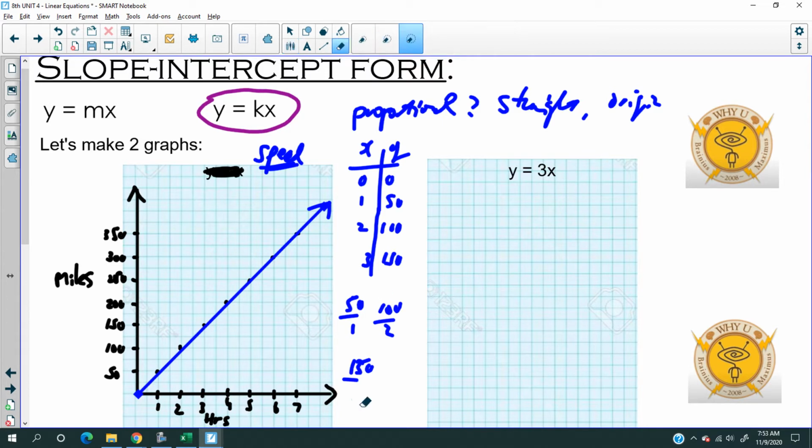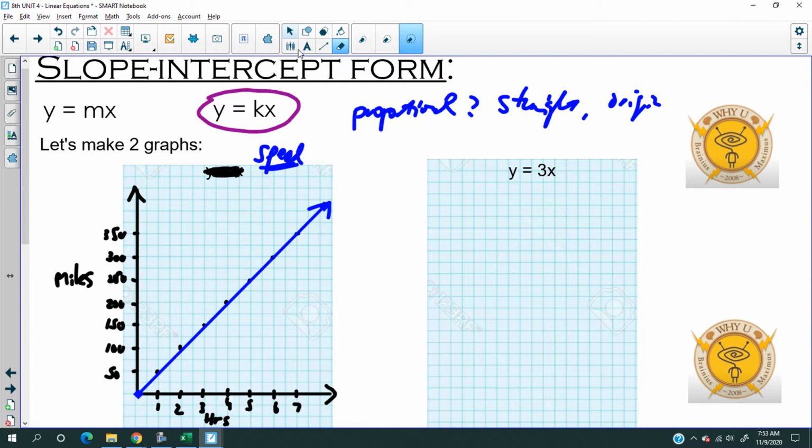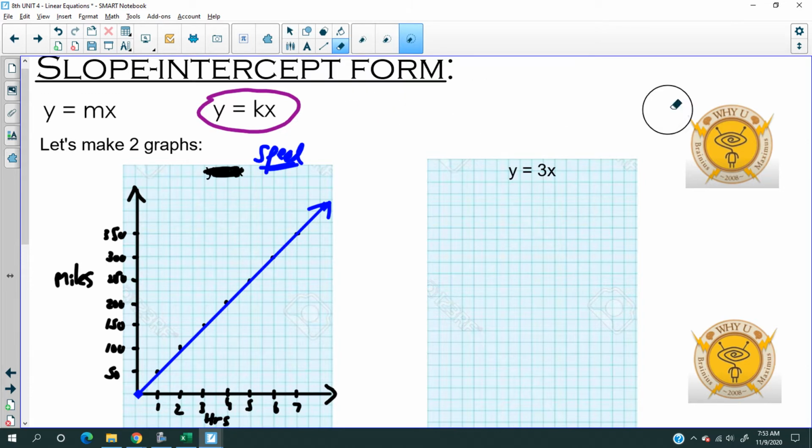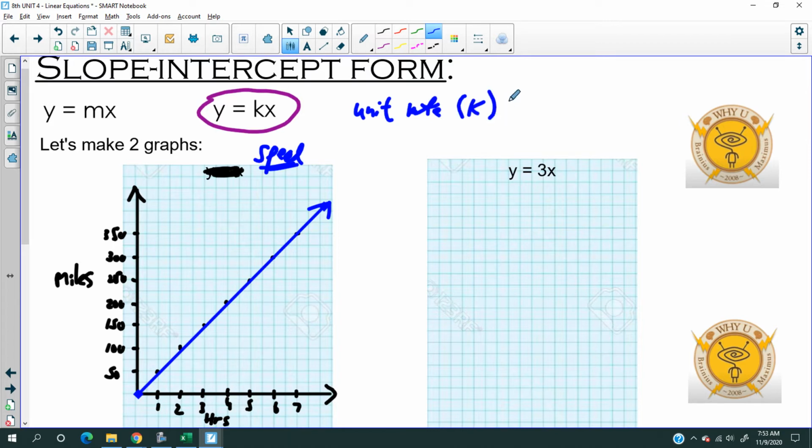Now, knowing that, the next thing is, what's the unit rate? The unit rate, which is represented by the letter k, remember that, is 50 miles per hour.